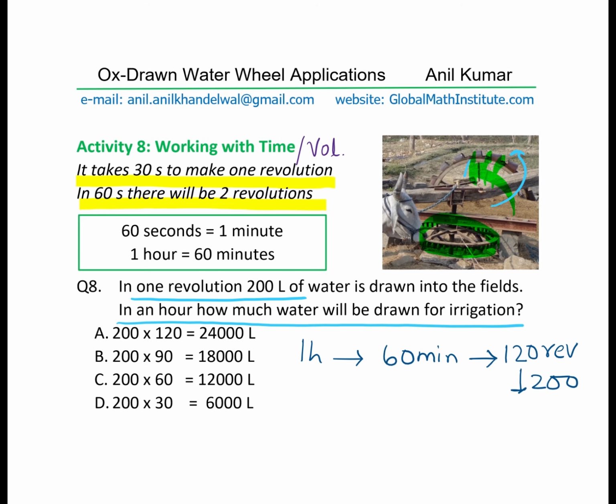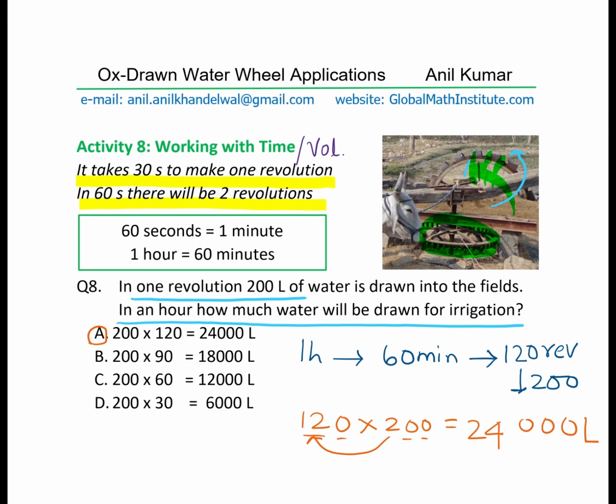When you multiply, you get 3 zeros: 1, 2, 3 zeros. 12 times 2 is 24. Let me write down and show you how we get our answer. We get 120 times 200, which is these 3 zeros, and then 2 times 12, which is 24. So 24,000 liters, a huge amount, which is our option A.